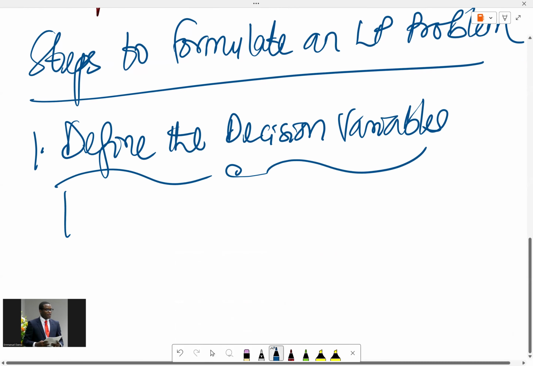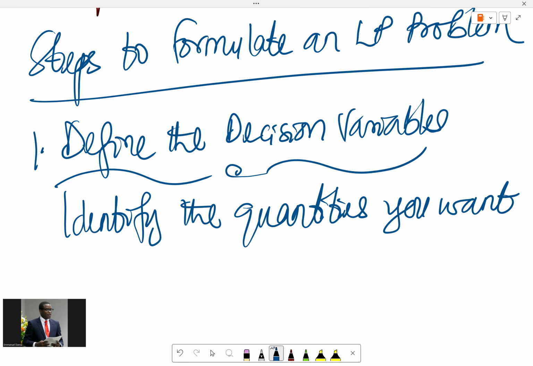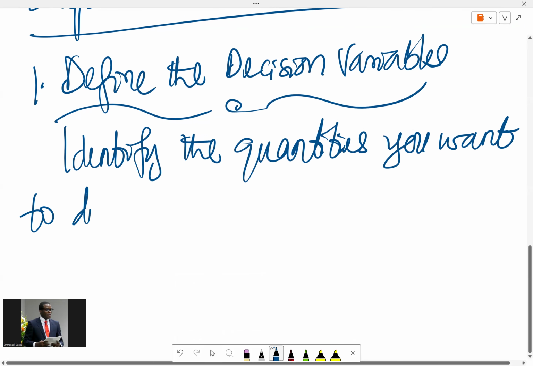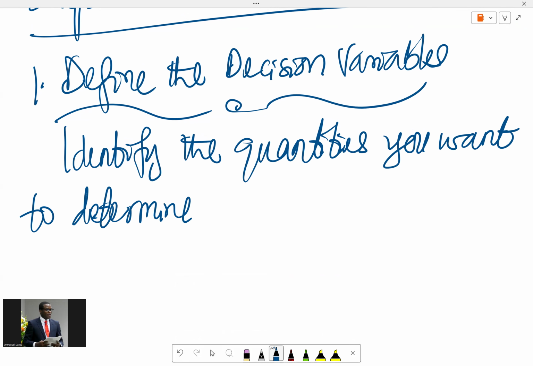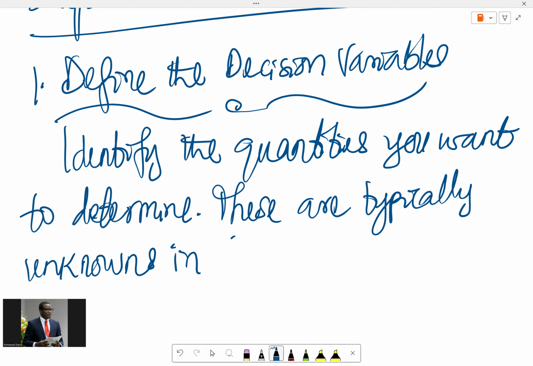Here you have to identify the quantities you want to determine. These are typically unknowns in the problem.